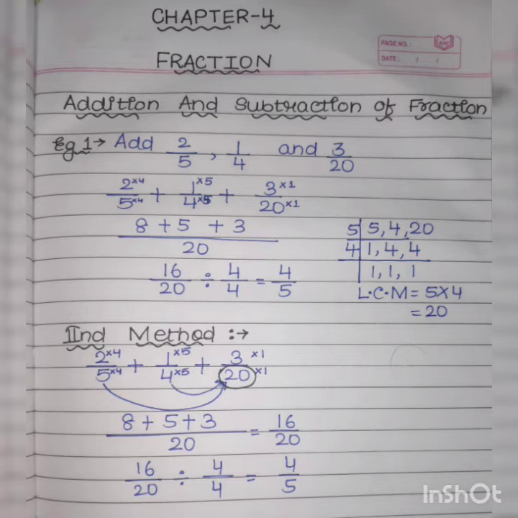The highest common factor is 4. So we have to divide the numerator and the denominator by 4. So after dividing 16 by 4 we get 4, and on dividing 20 by 4 we get 5. So our answer is 4 by 5.